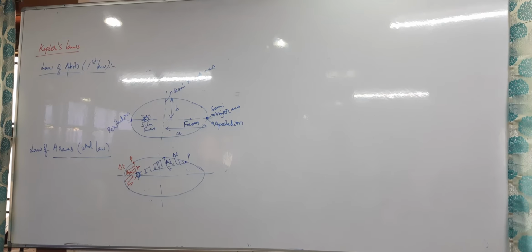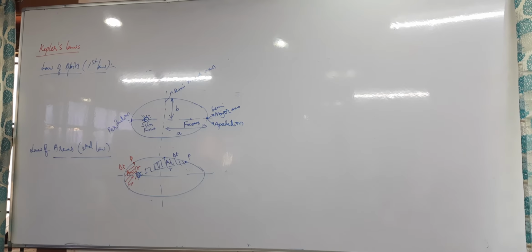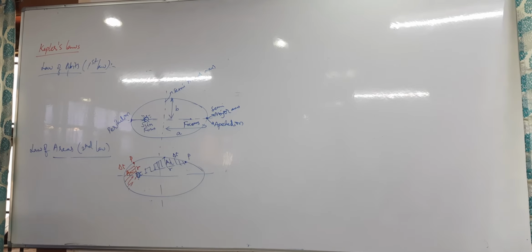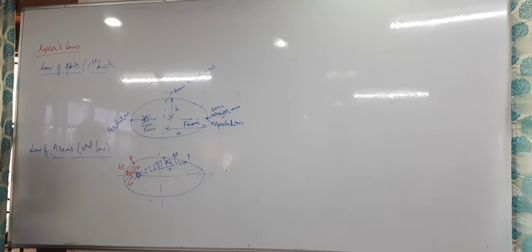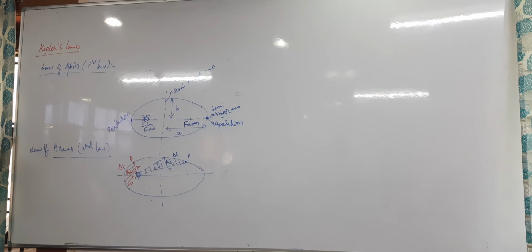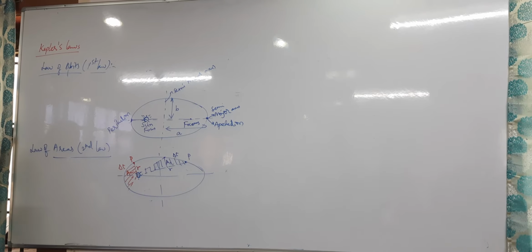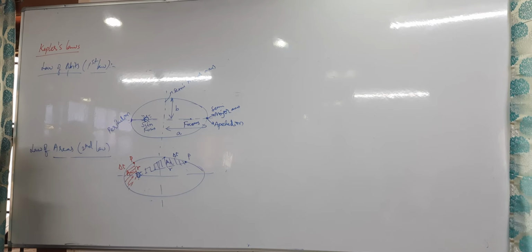Like that, A1 is equal to A2 in delta t time interval. Draw the diagram.